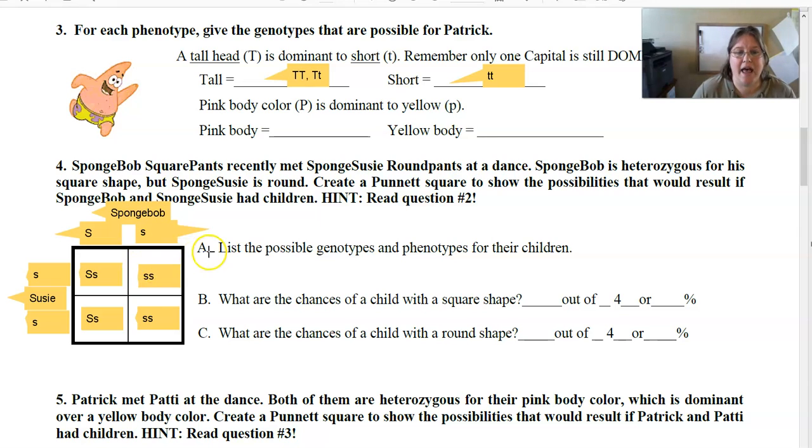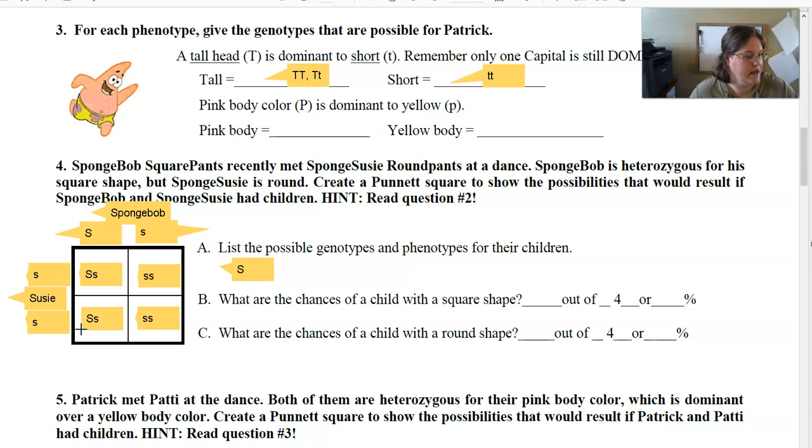So let's go over to A. List the possible genotypes and phenotypes for their children. This is going to be a little bit long, but let's do this. Let's start with genotypes. What are their children's? Well, there's two genotypes, because this one here and this one here are the same.